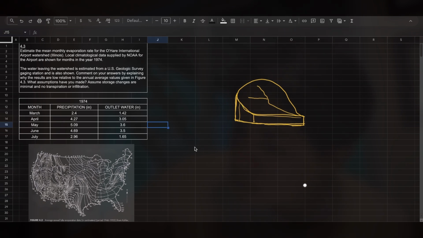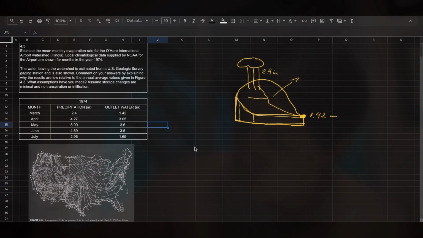Anyway, let's say in March, 2.4 inches of precipitation rains, and the outlet, let's say the outlet is down here, is recording only 1.42 inches. So the difference between these two values is being lost.